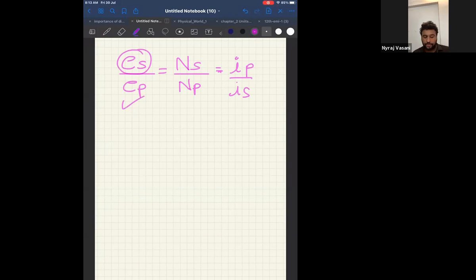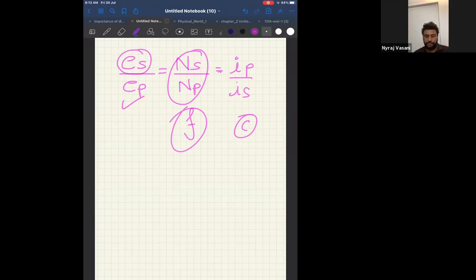It definitely depends on the voltage of the primary. It definitely depends on the ratio of number of turns. It does not depend on the frequency because I don't have a frequency term anywhere. Therefore, the answer has to be C, that it does not depend on the frequency of the source. Is it clear?